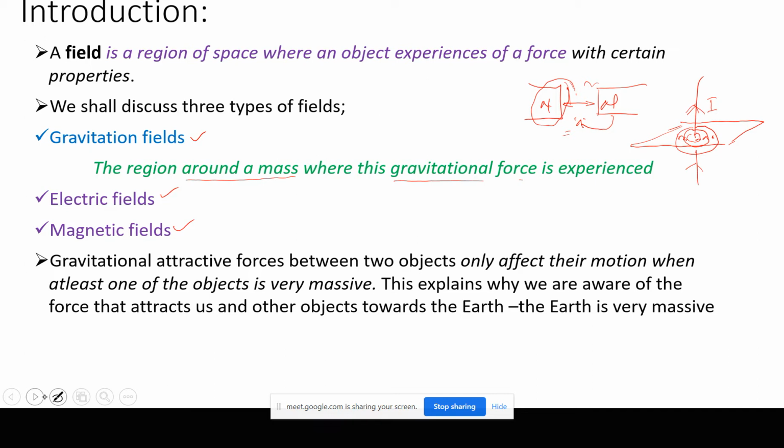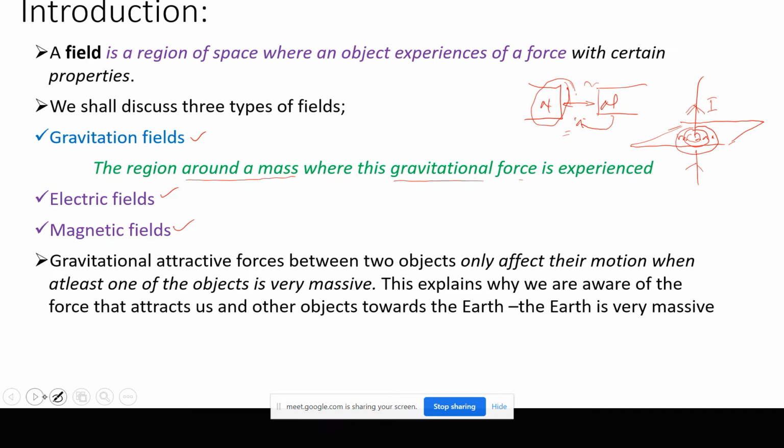If that force was not always attractive, you would have seen a ripe mango, when it is ripe, fall upwards instead of falling downwards. It is falling towards the earth. It means there is a force of attraction which was existing between the mango and the earth.